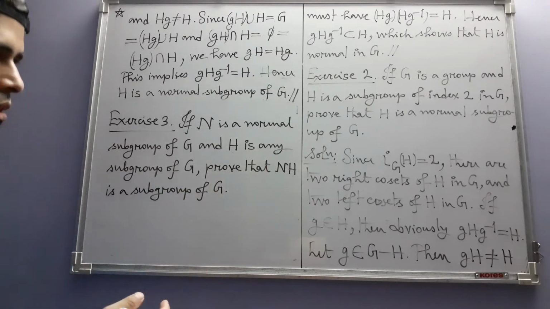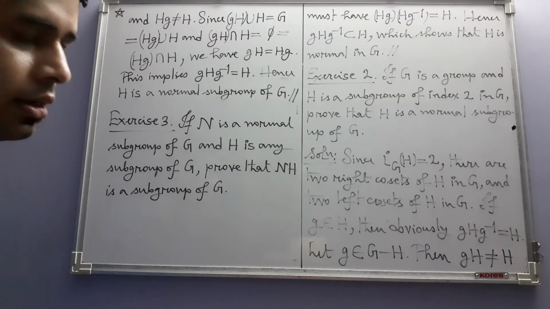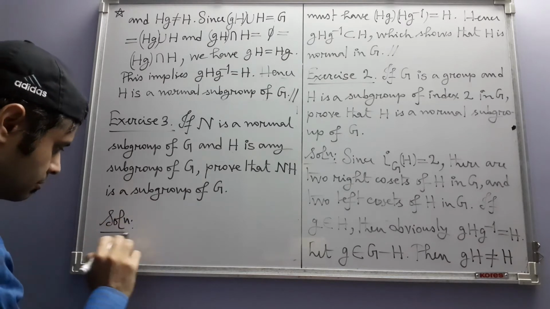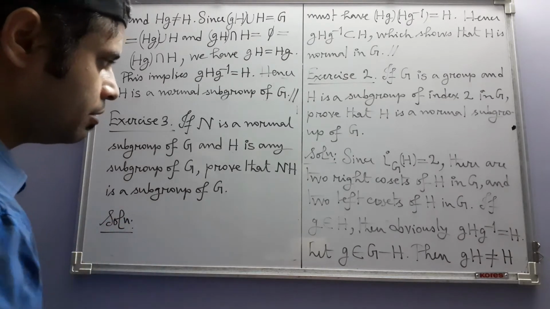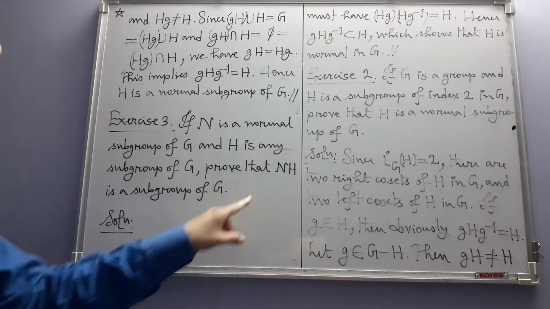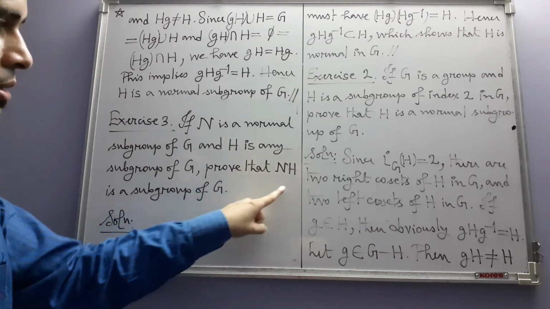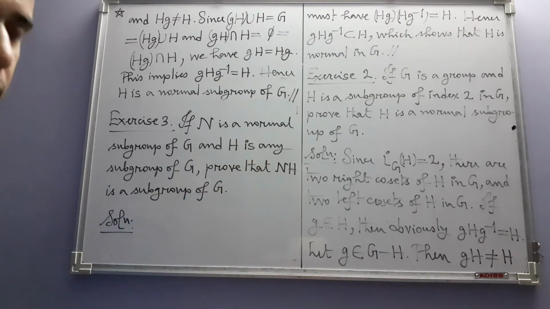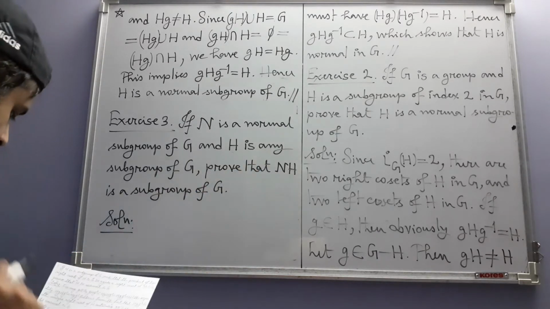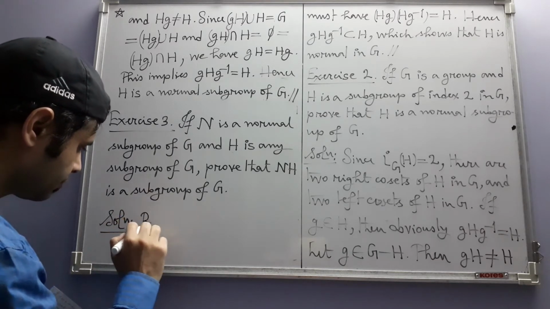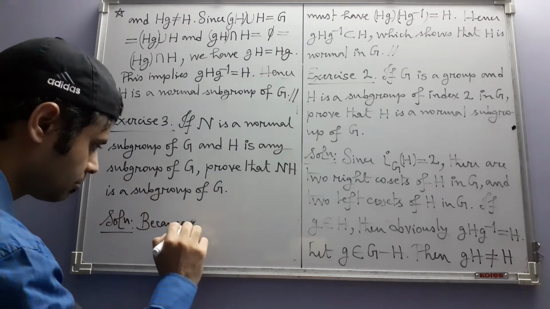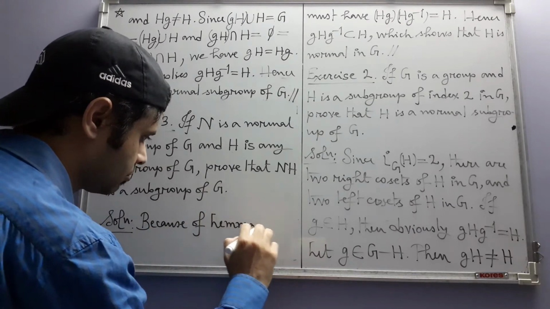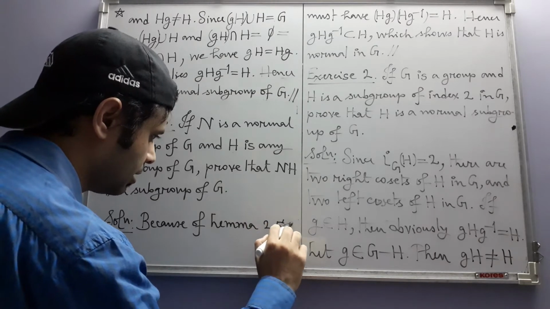Now this NH of course is the product of two subgroups we defined earlier. We know from our previous study of products like this that such a product is a subgroup if and only if NH is equal to HN. More specifically, we have this because of lemma 2.5.1.